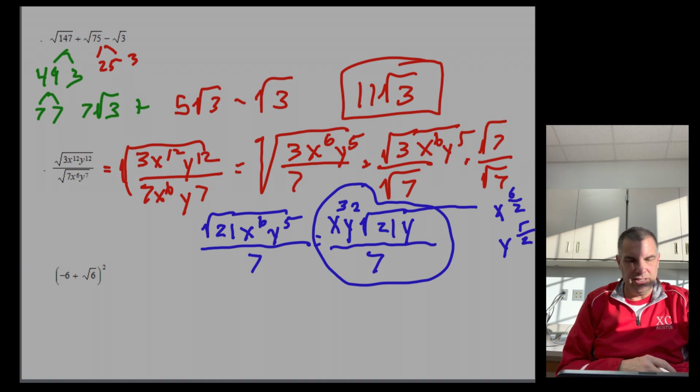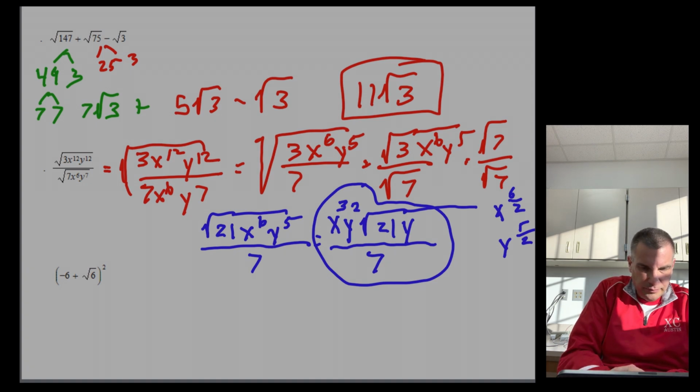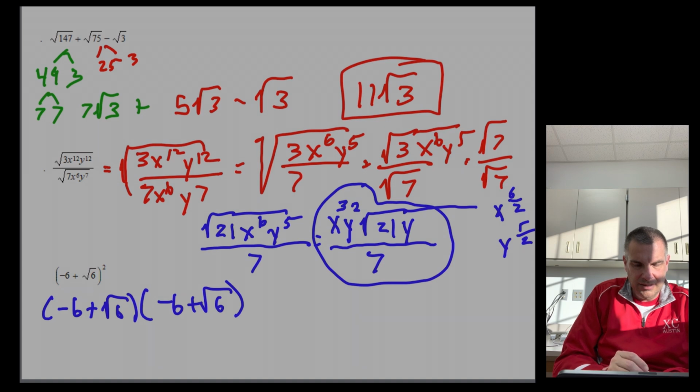Next one's multiplication. -6 plus radical 6, squared. So remember, this is -6 plus radical 6 times -6 plus radical 6. FOIL: -6 times -6 is 36. We've got -6 radical 6 and -6 radical 6, so -12 radical 6.